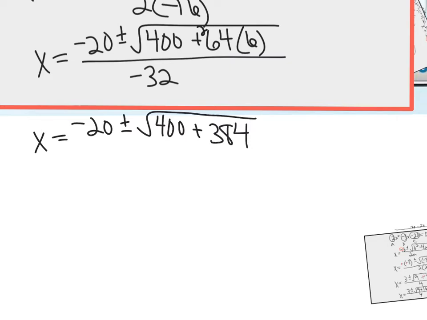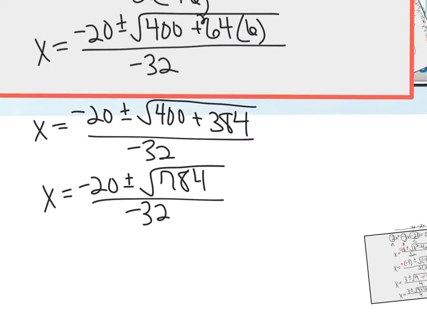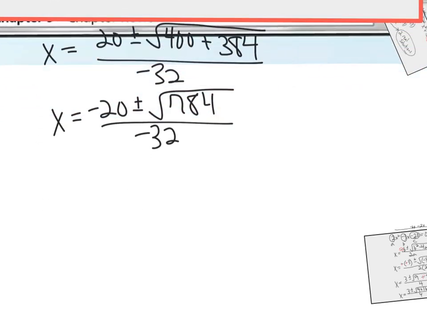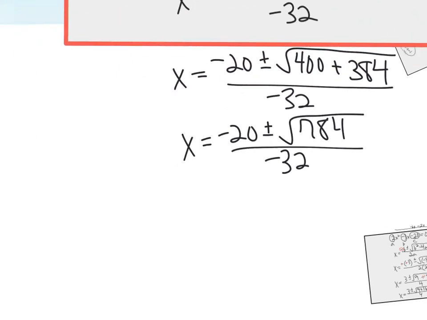So 384. So that's not looking real great. Although, actually, the square root of 784 happens to come out evenly as well.